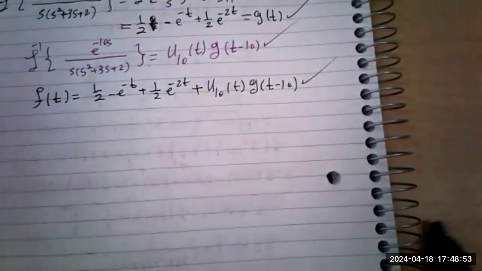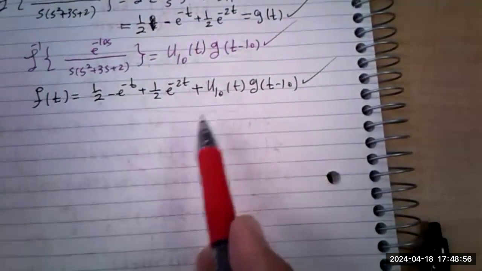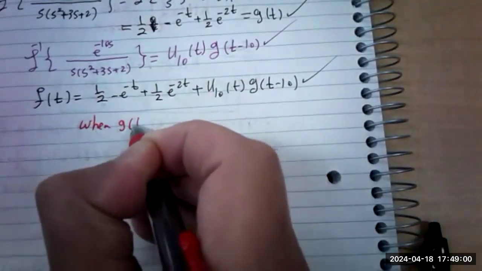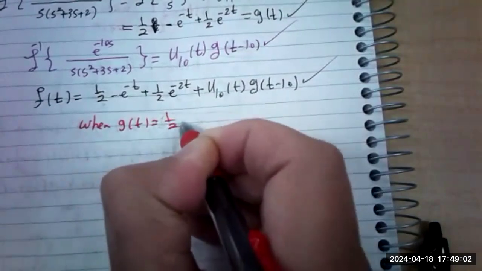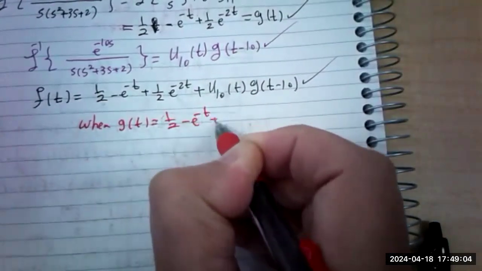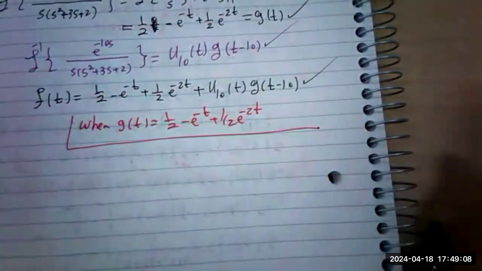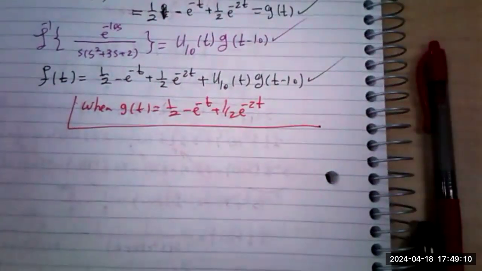And we already gave you this, where g of t is 1/2 minus e to the negative t plus 1/2 of e to the negative 2t. You have a choice. You can write it down, list it together, t goes to 10, or just do the brief form. Okay, that's it.